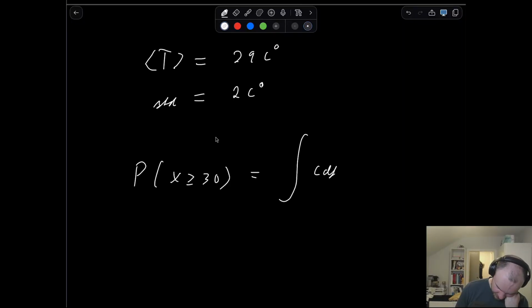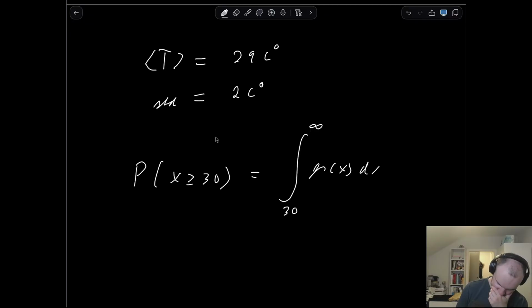We integrate from 30 to infinity the integral of p(x) dx. I think you can write it like that, where p(x) is that density function. We have to integrate that.